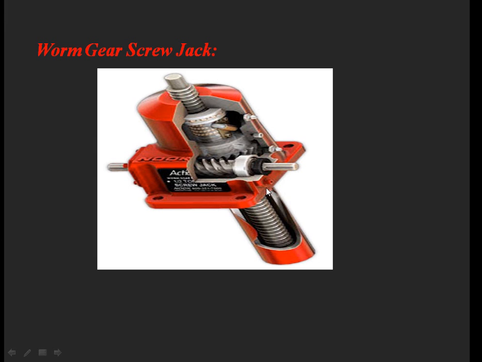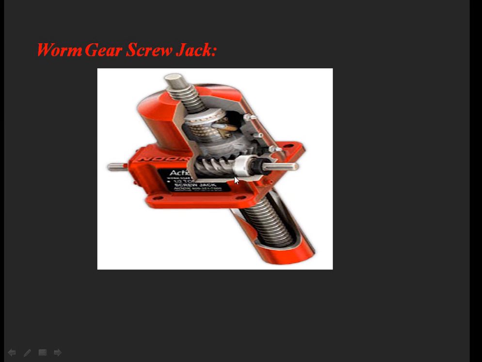Based upon the rotation of this worm screw, the worm wheel will rotate, which is rigidly fixed to the nut. So when the worm wheel is rotated, this nut element will be rotated. When this element is rotated, at the same time the screw will move up and down according to the rotation. Just like a screw and nut mechanism, because the nut is stationary, the screw will be moving above and below the nut.